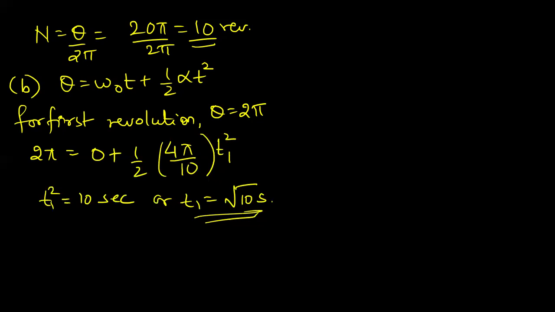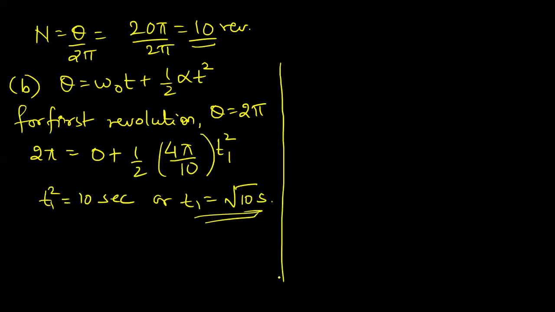This is the time taken for the first revolution. You solve this equation, 2 pi equals half into 4 pi by 10 into t1 square. I hope students will be able to do the normal basic calculation. I'm not going to deal with that; I'll just explain and write the answer. So t1 will be equal to root 10. So this was for the first revolution.